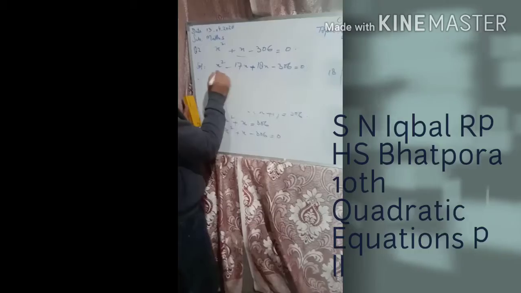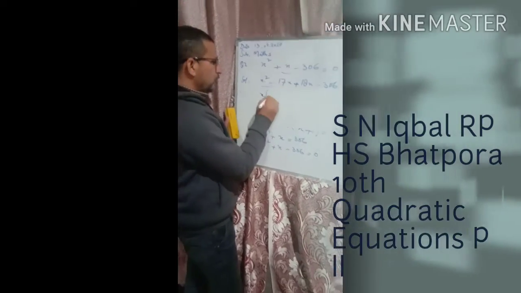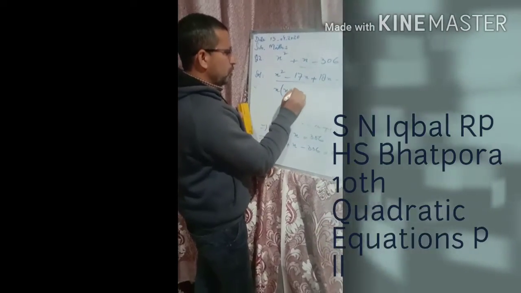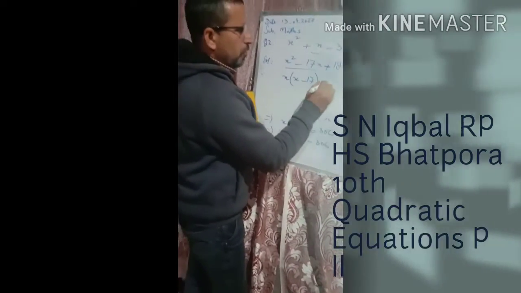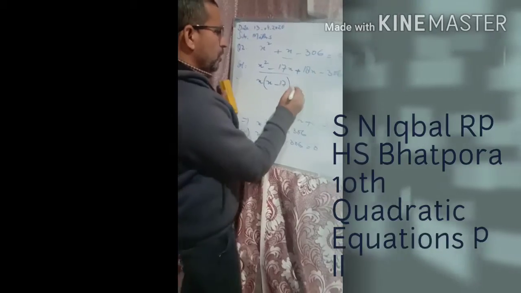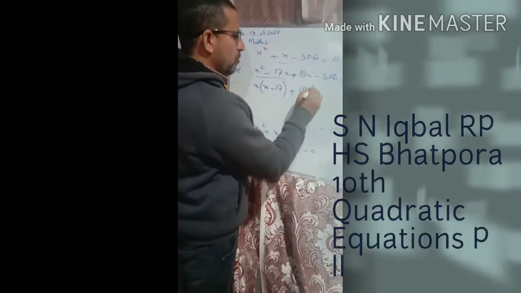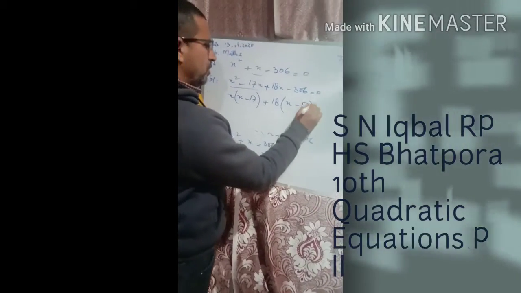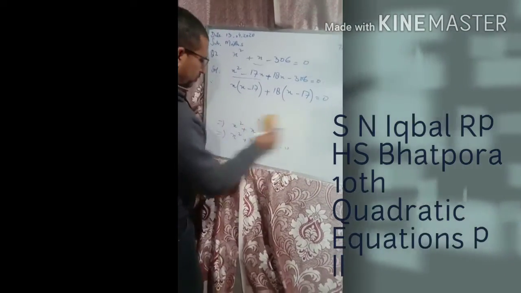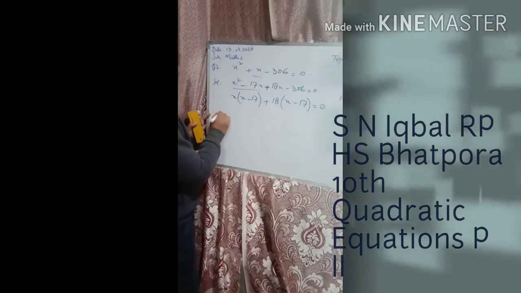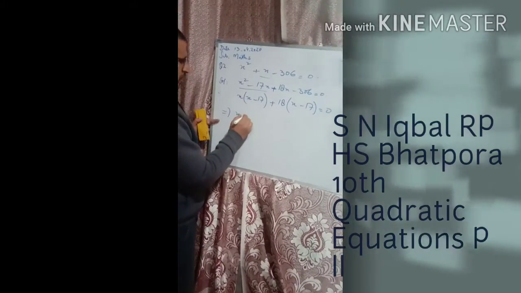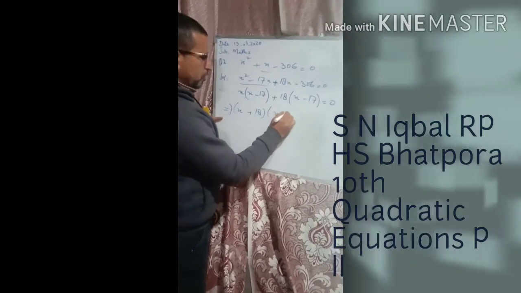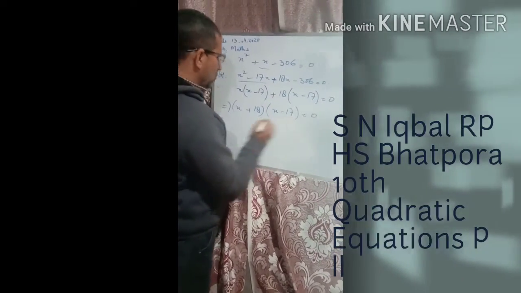Okay, now see what is common here. x is common in both the terms, x square minus 17x. It would be x into x minus 17, plus what is common here? It is 18, which is common here. x minus 17 is equal to 0, which implies that x plus 18 into x minus 17 is equal to 0.